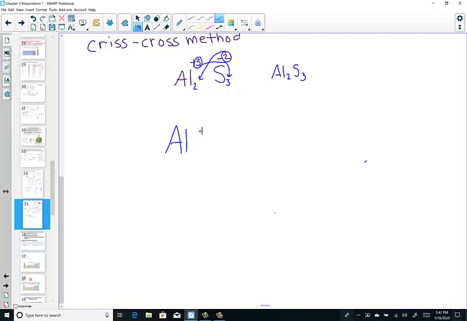Think of it this way, another visual. Aluminum is a +3 charge. So I make that ion +3 big. Sulfide is a -2 charge. So I have 1 charge on aluminum not yet satisfied.